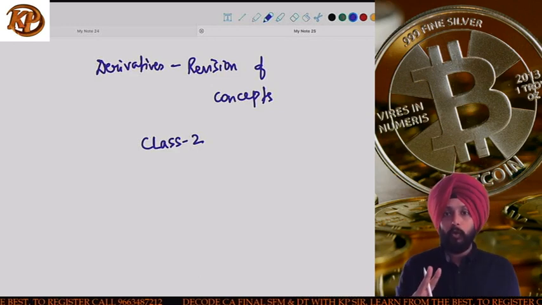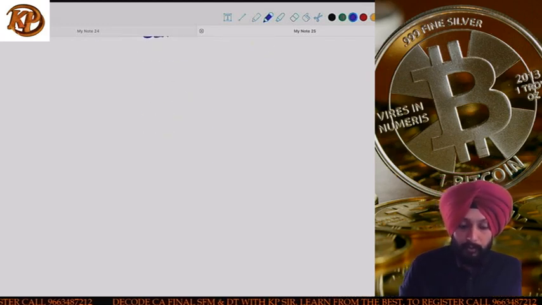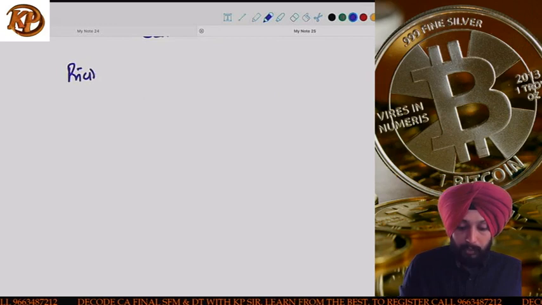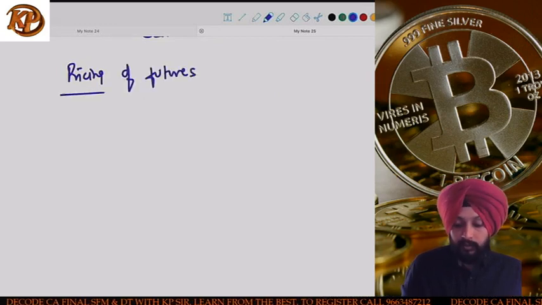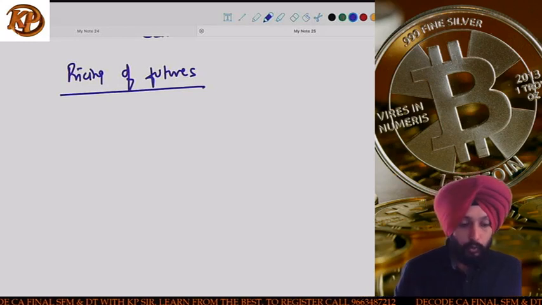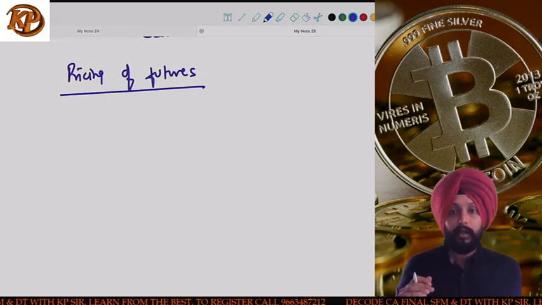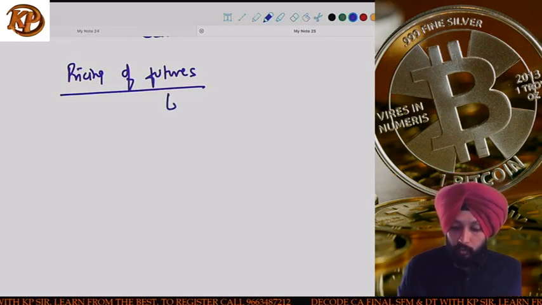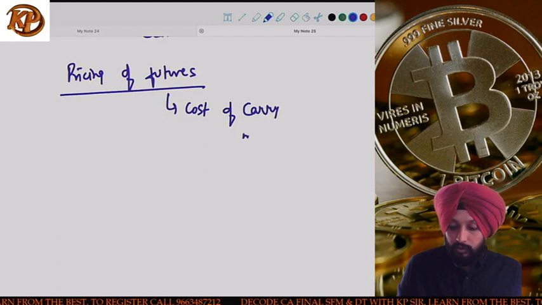Futures, two important things are left to be discussed. One is, if you remember, we need to talk about the pricing of futures. And the pricing of futures is to be done using the cost of carry model. We use the cost of carry model for calculating the price of futures.